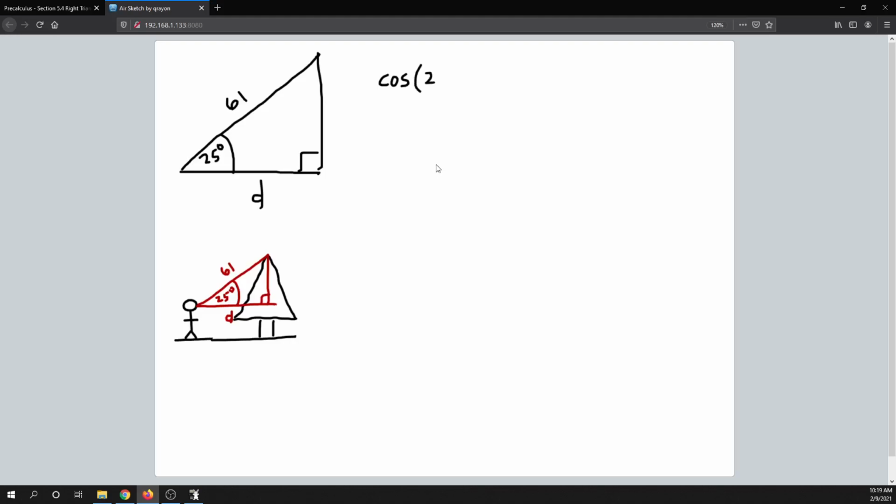and that would be the cosine, right? So the cosine of 25 degrees is equal to the adjacent side, which is d, over the hypotenuse. So d over 61. All right, and we want to solve for d. We can do that by multiplying both sides by 61.